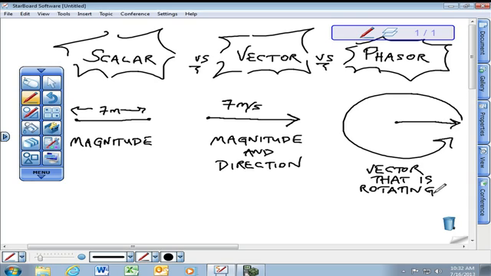And then what's important is that you've got to stop that phasor so that you can analyze what is the magnitude and direction of that phasor. In other words, a vector that is rotating and then stopped for analysis. So notice the relationship: scalar, just magnitude; vectors, magnitude and direction; phasors, definitely magnitude and direction, but now you have movement. So we're rotating it.